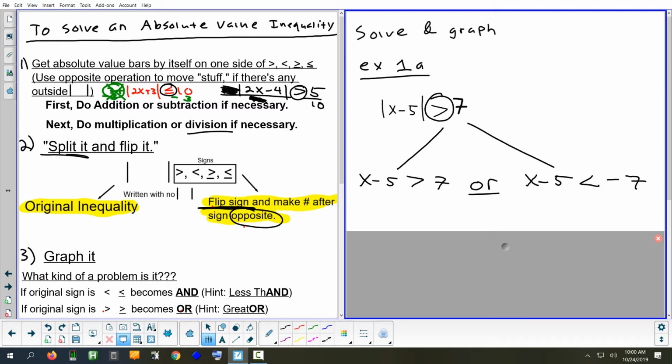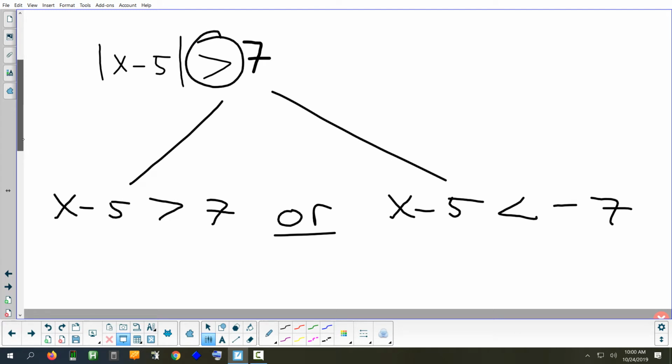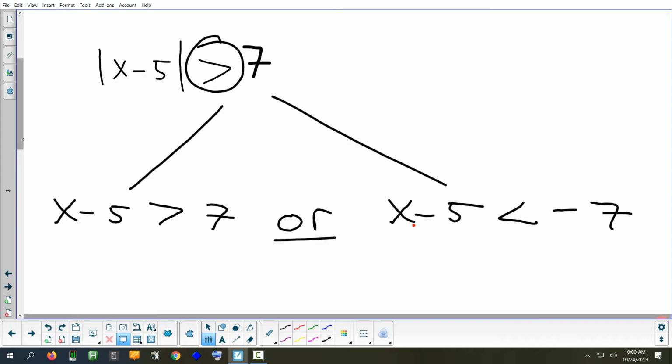Okay? Now we solve it. Anytime that you split it, whether it's an and or an or, it's going to be exactly the same steps to solve on each side. So, Olivia, how do I solve what's on the left?